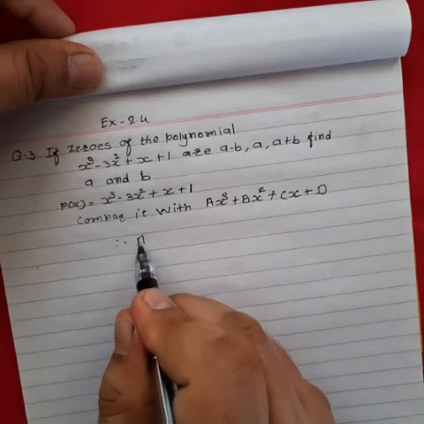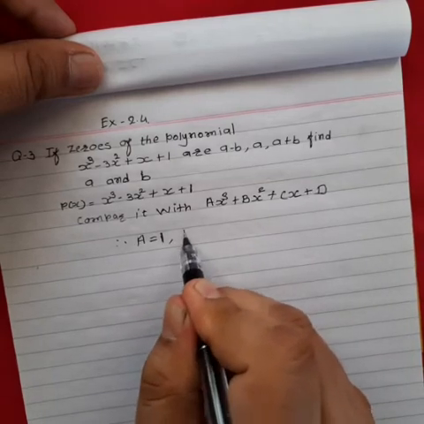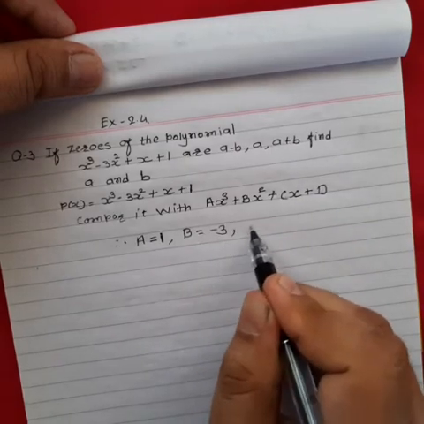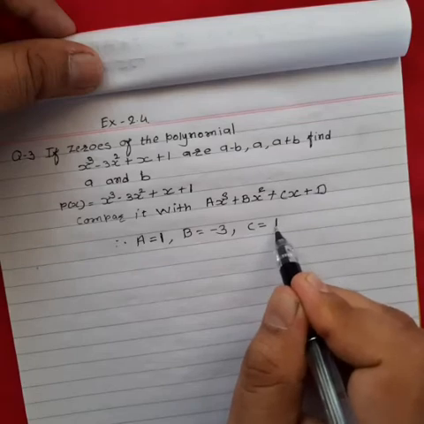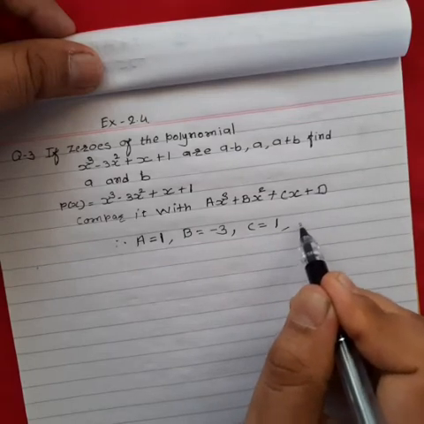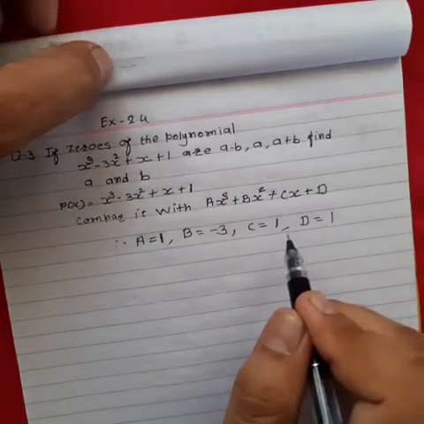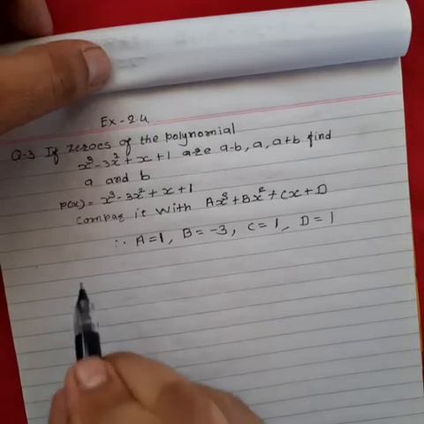A is equal to 1, B is equal to minus 3, C is equal to 1 as well, and D is equal to 1. Understood?